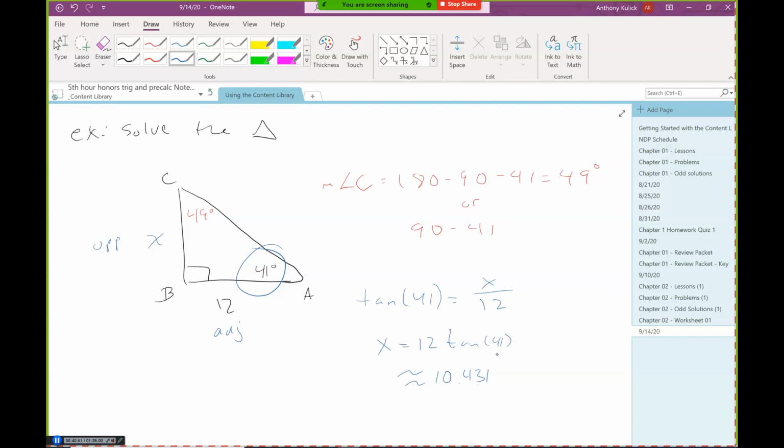Okay, one more side to solve for. What do you want to do to find that one? Okay, so that's a reasonable thing to say. Is that going to give us the most accurate answer? I would contend no. There's a way to get a more accurate answer than using the Pythagorean theorem.